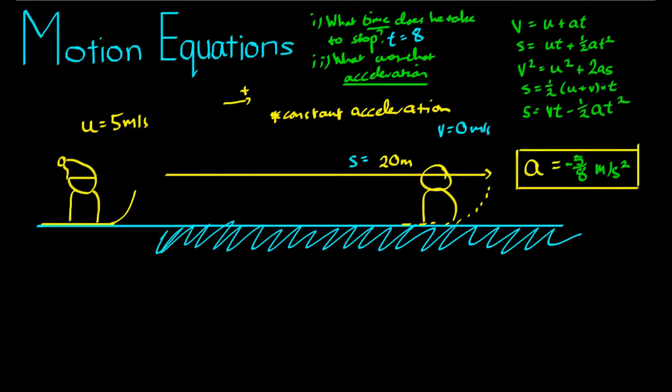If we had that same acceleration, but the sled had been travelling not at 5 meters per second but now at 6 meters per second, so 1 meter per second more, let's find out the stopping distance it has to take now.